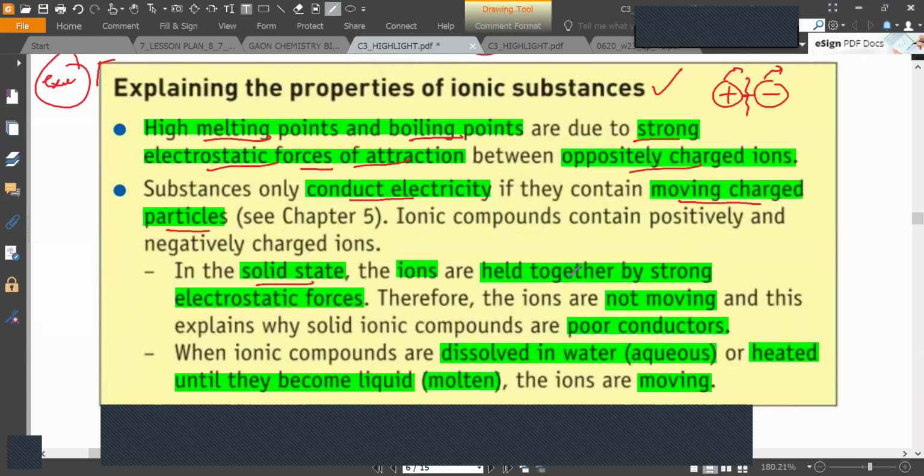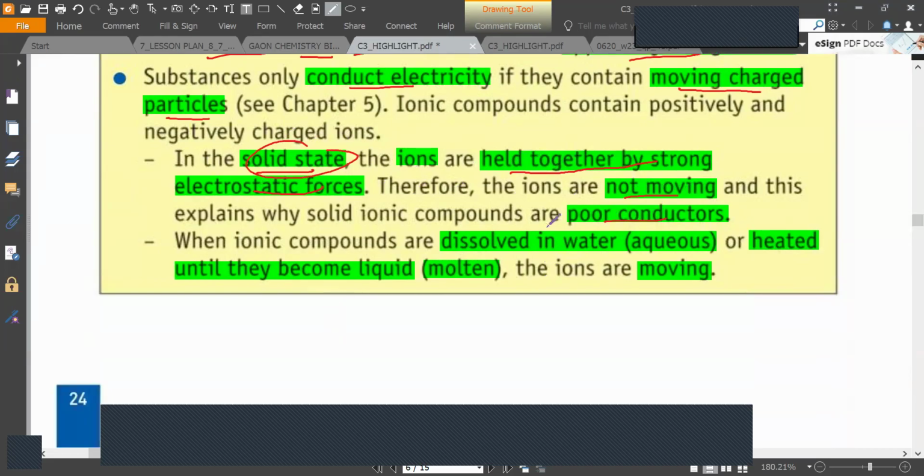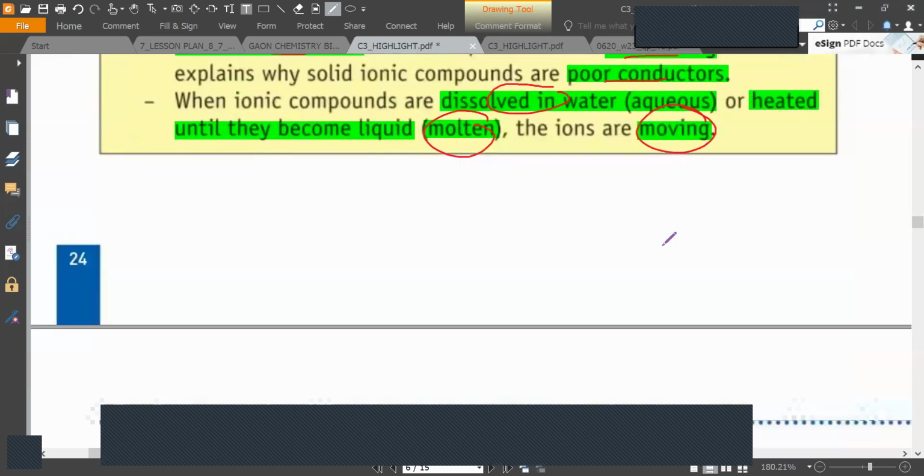In the solid state, they are fixed and cannot move, so they are poor conductors. When they are dissolved in water or melted into molten form, they can move, so they can conduct electricity.